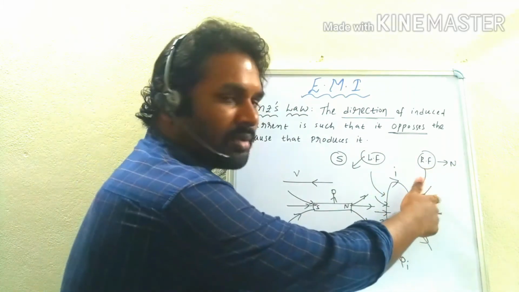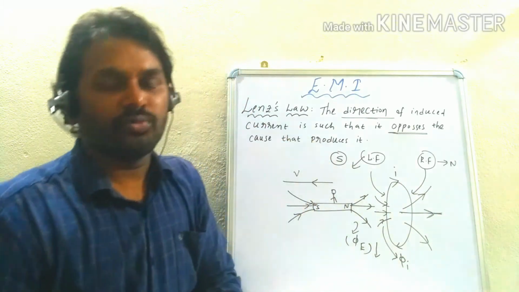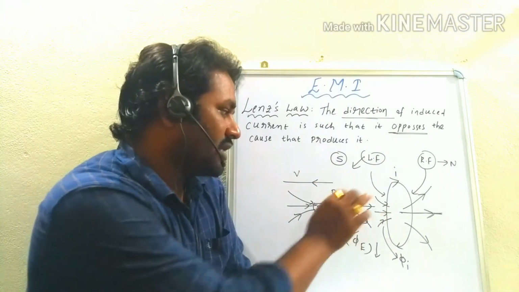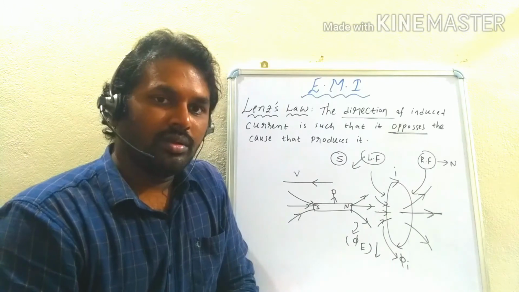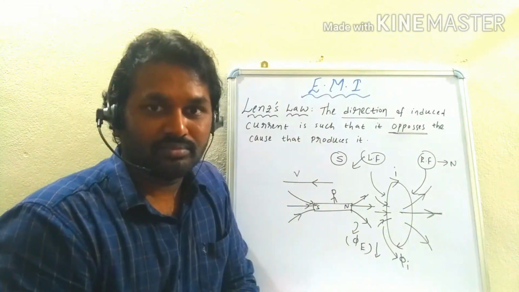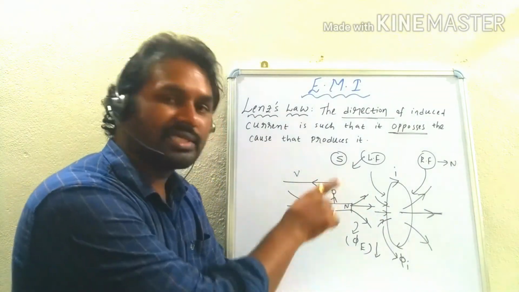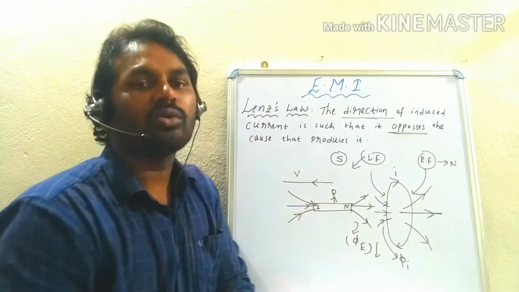So this face comes as the north pole and the left face comes as the south pole. So if we ask the question, what is the direction of induced current here? With respect to the person on the magnet side, because he is looking at this observation and giving the answer, the induced current direction is clockwise.